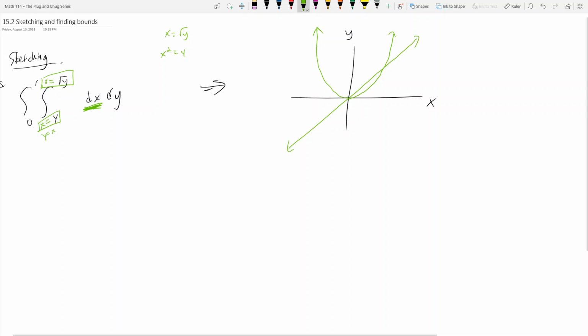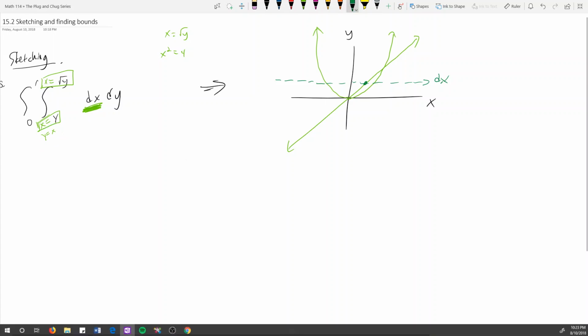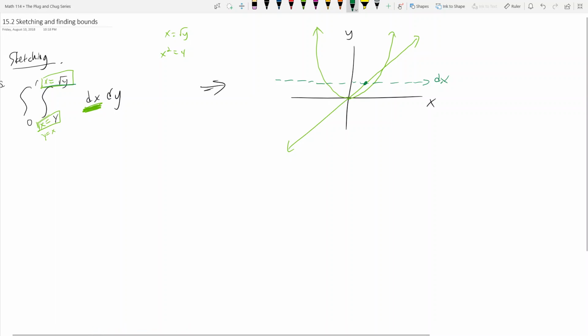Now, this tells me that I'm dealing with dx. So if I approach the region along something parallel to the x-axis, it says that I need to hit the line y is equal to x first, and then I need to hit x is equal to root y second.